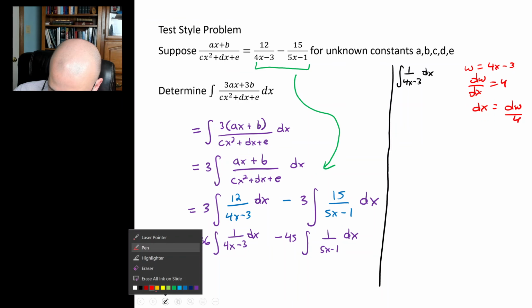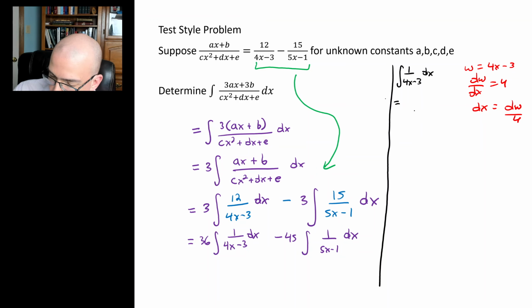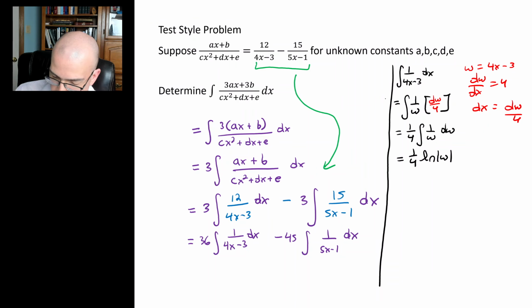So I'm going to rewrite the integral as the integral of 1 over w, and then replace the dx with dw over 4. Which is 1 over 4 integral of 1 over w. The antiderivative of 1 over w is ln absolute value of w plus c. And I'm going to undo the substitution, so 1 over 4 times ln absolute value of (4x - 3) plus c.